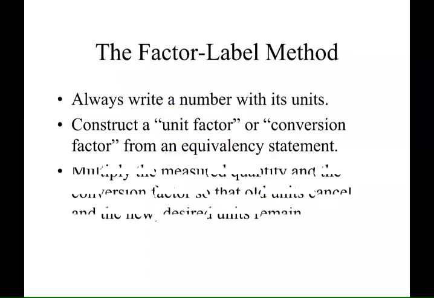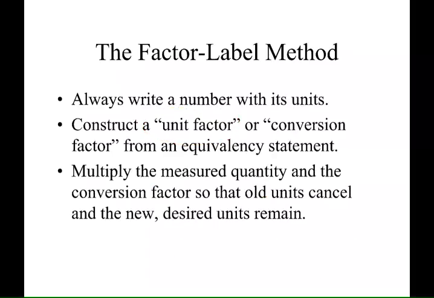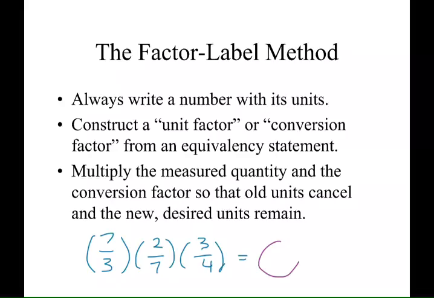Then the last aspect of working problems using the factor label method is we are going to let units cancel. So at the first part of this semester I said, what if you have 7/3 times 2/7 times 3/4, and you were supposed to come up with an answer.